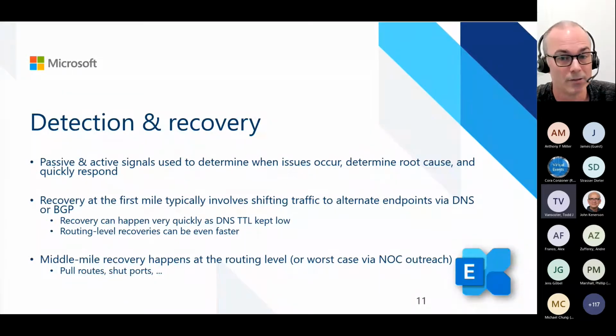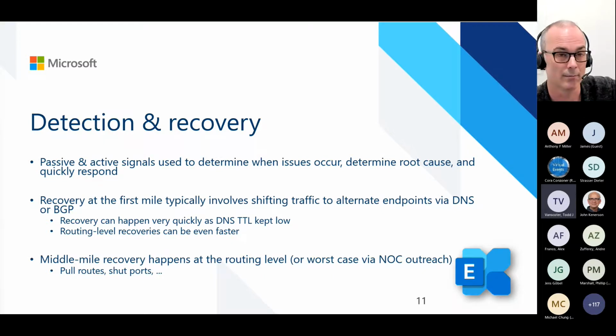So at the first mile on our side, we typically handle recoveries by shifting to alternate endpoints. From a DNS perspective, this would mean, as an example, Outlook.office365.com might stop responding with a certain set of IP addresses that represent chunks of capacity around the world, and instead shift traffic elsewhere.